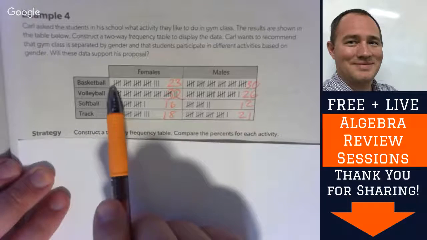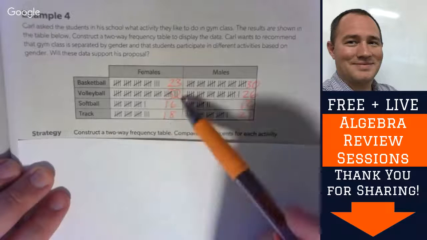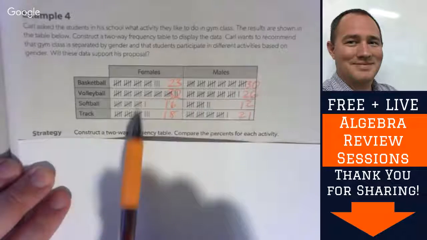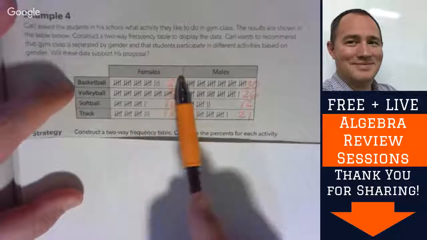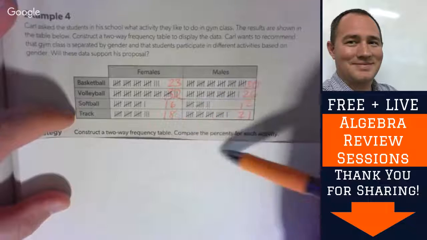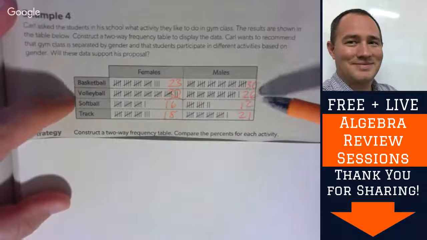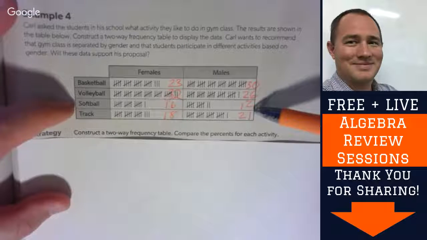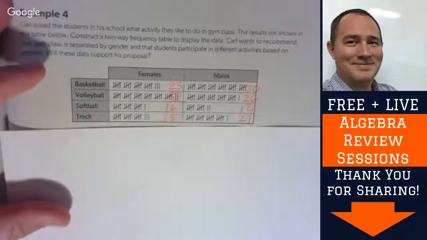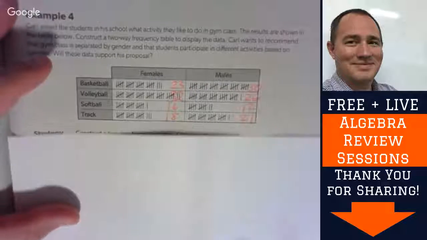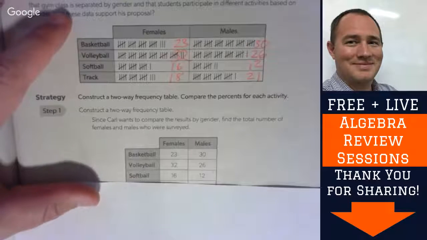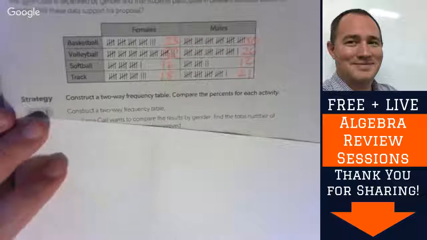So we already counted up our hash marks to show what the final count of these tallies were. 23 females wanted basketball, 32 females wanted volleyball, 16 females wanted softball, 18 females wanted track, 30 males wanted basketball, 26 males wanted volleyball, 12 males wanted softball, and 21 males wanted track. So we put those in that same spot. You also could have made your own table as well, just lining up the data in a new table.